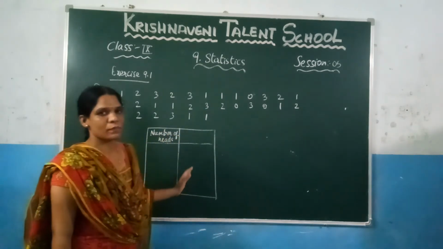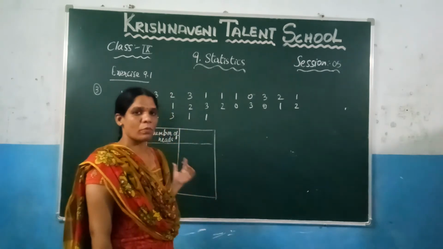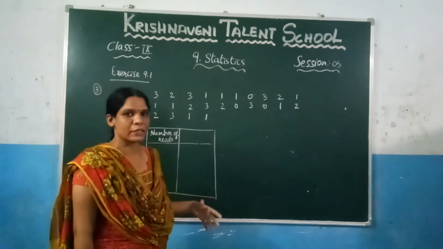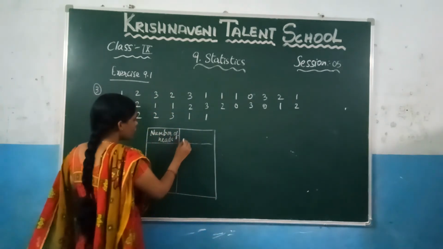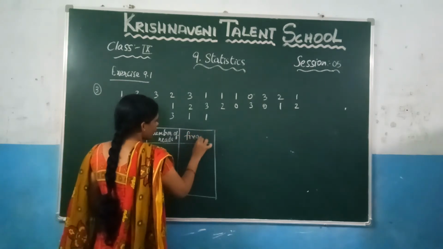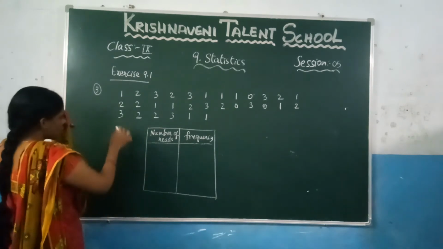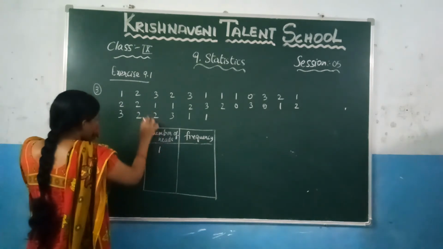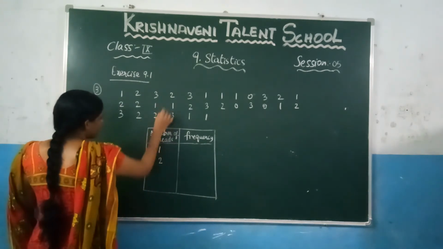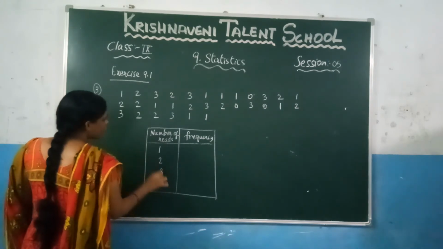The second column will be the frequency, because how many times each number of heads repeats becomes the frequency. Here let us see what numbers we can consider: 1 is there, 2 is there, 3 is also there, and 0 is there.